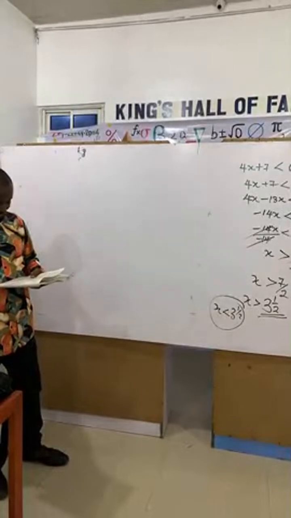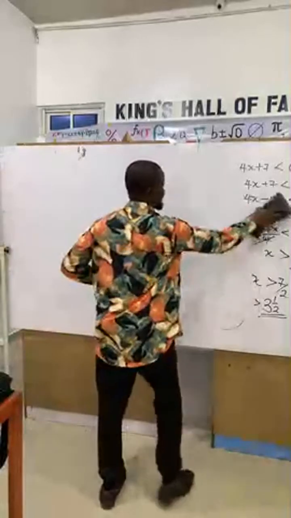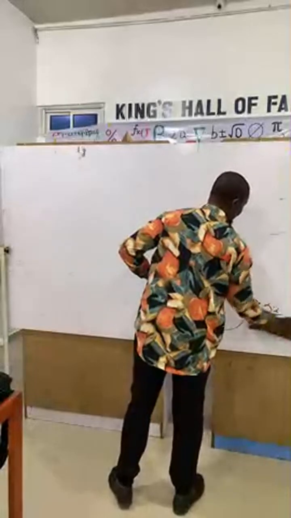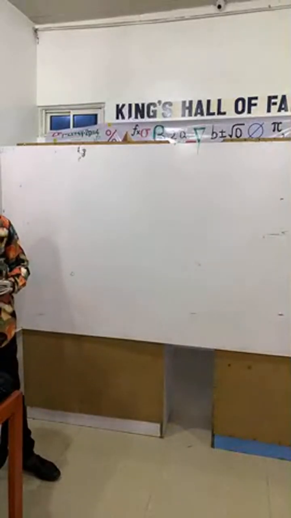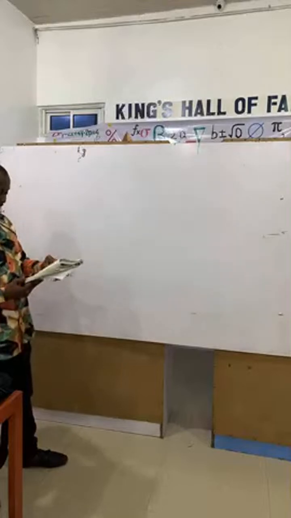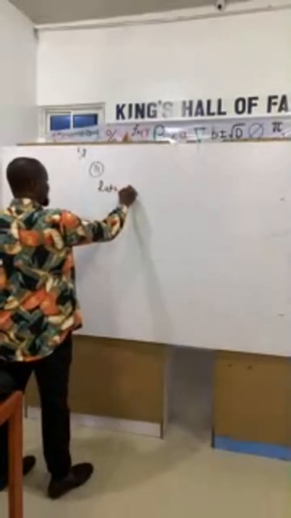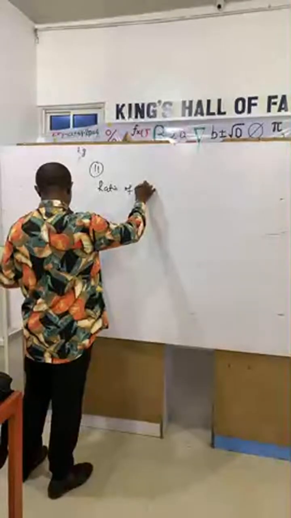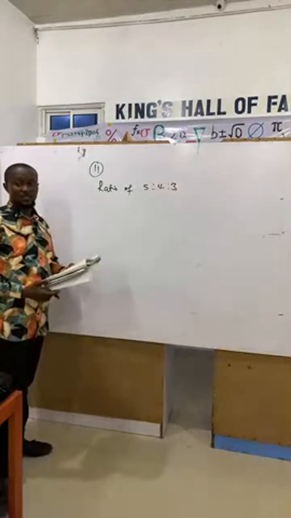Question number 11: 3 boys share a number of oranges in the ratio of 5 is to 4 is to 3. That's the ratio.